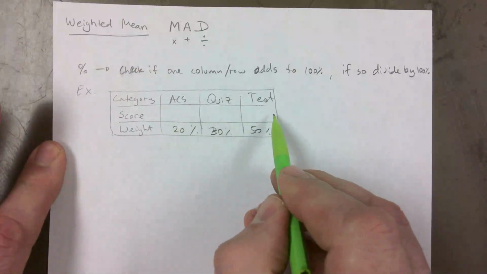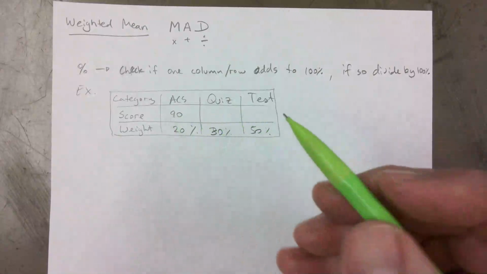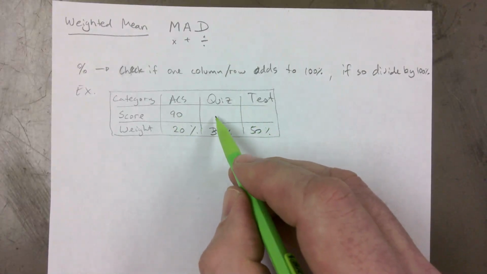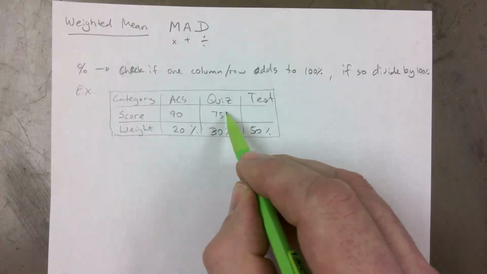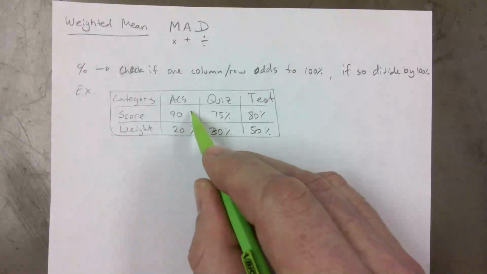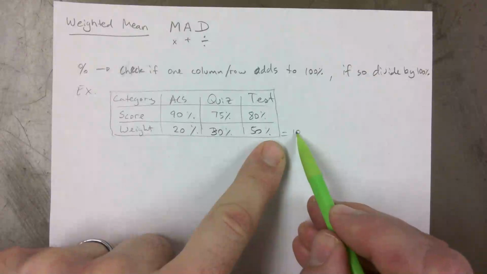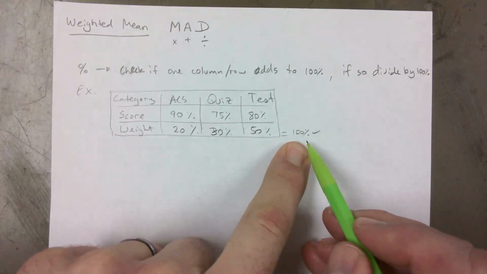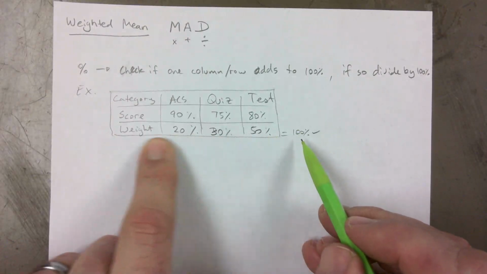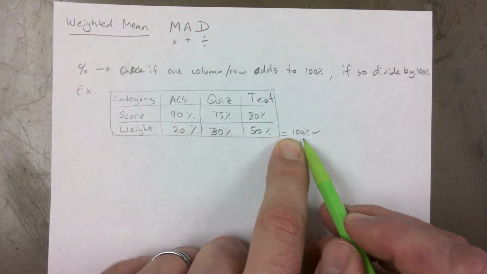And here we can just make up what someone got. So let's say on the ACs, someone scored really high. On the quizzes, right, maybe 75 on average, and on tests, let's say 80. Okay, so we've got a bunch of percentages, but you check and you see that the weight column or the weight row adds up to 100.